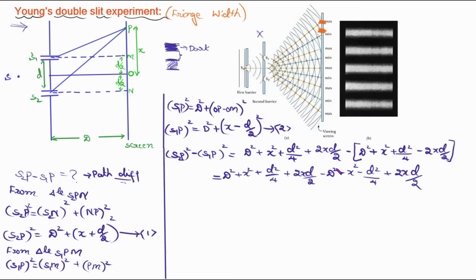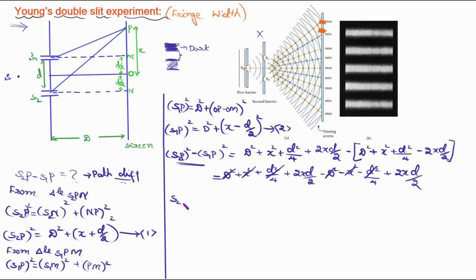What all cancels? D square minus D square, X square minus X square, D square by 4 minus D square by 4. On the left hand side you have S2P square minus S1P square, which means you have A square minus B square. The expansion is (A plus B) into (A minus B).